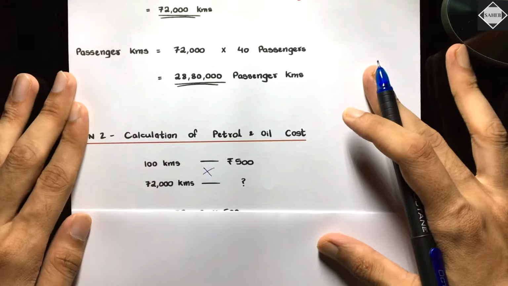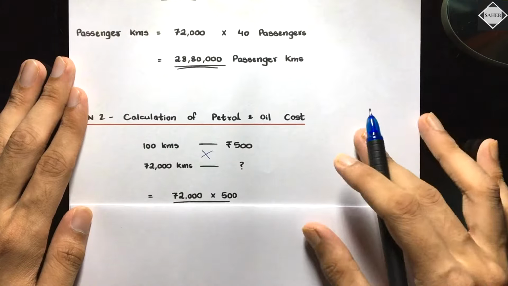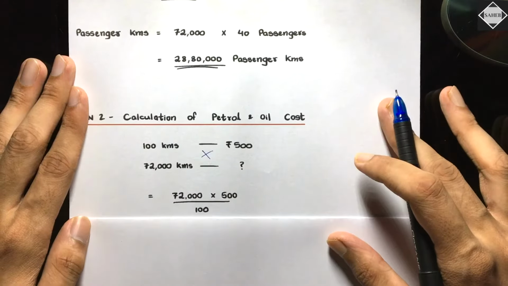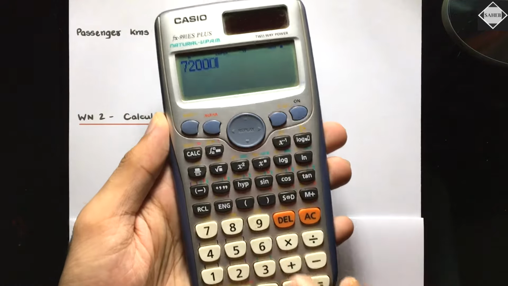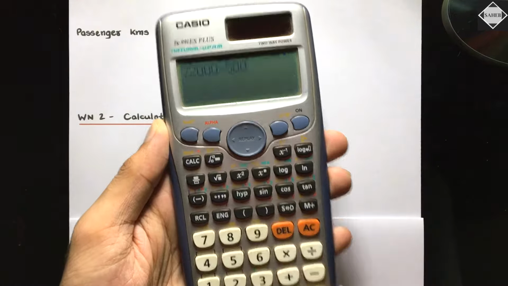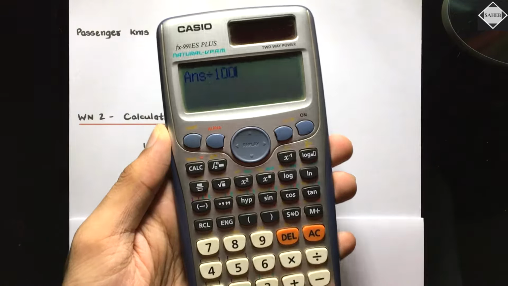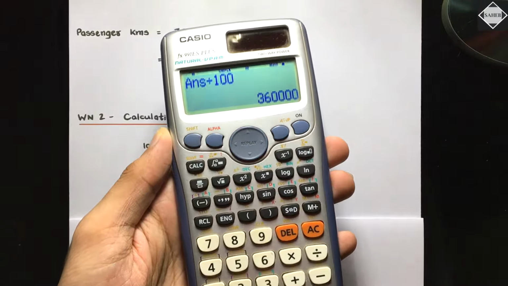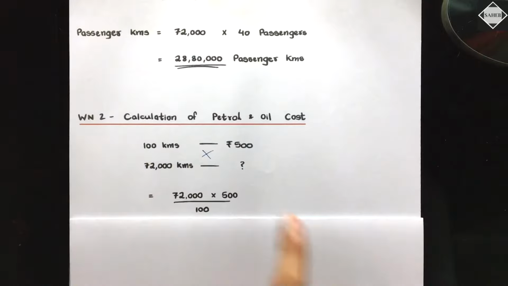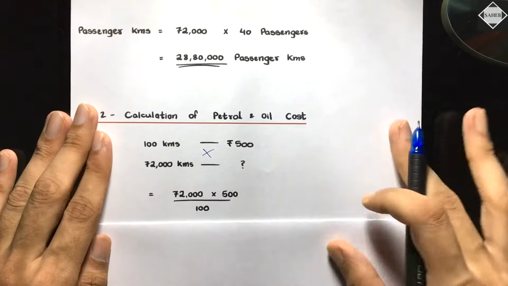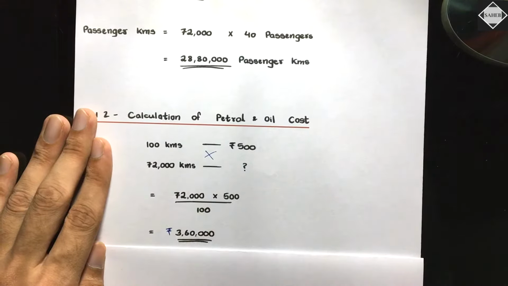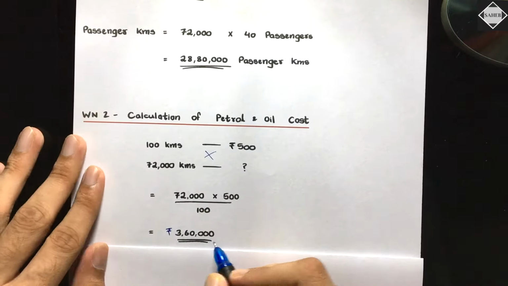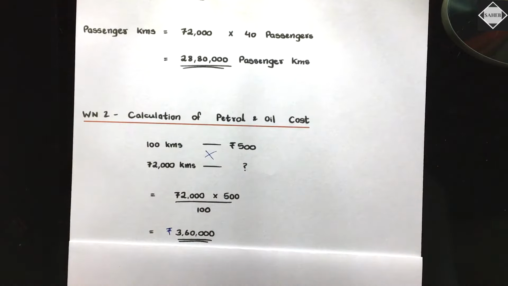See here, 72,000 into 500 and then divide by 100. 72,000 into 500 divided by 100 is equal to 3,60,000 rupees. So see, 3,60,000 rupees. Is it clear? This is the petrol and oil cost. Easily you can calculate by cross multiplication, right?